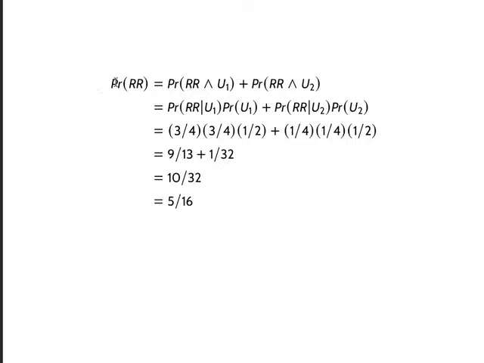So this first identity was what we established at the beginning by splitting up two reds into exhaustive and mutually exclusive possibilities, which allowed us to calculate the probability of a disjunction in terms of summing up the probability of the two complex disjuncts. And then we apply the general rule for calculating conjunctions when, in this case, we need to apply the general rule because these are not independent conjuncts.